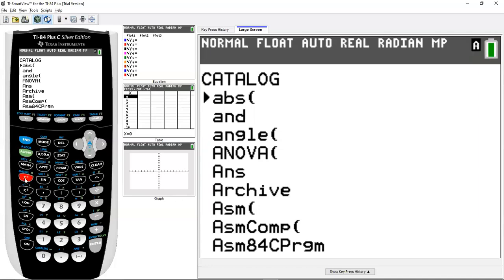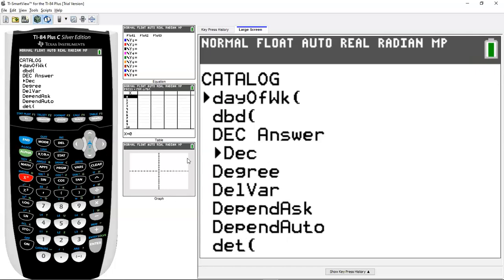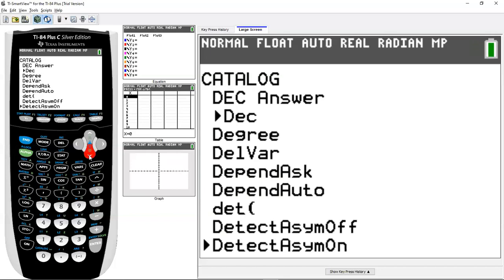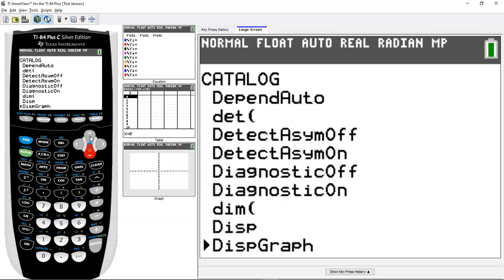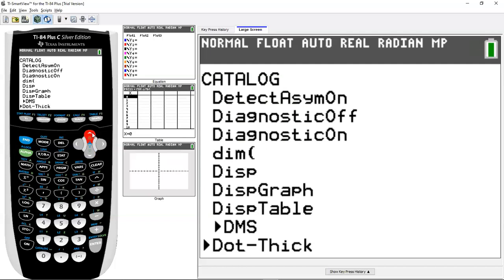Maybe I need to try that again. Okay, there we go. So we're at D here. We're going to arrow down until my little cursor gets to the word diagnostic. All right, whoops, went too far. So we want to turn diagnostic on.